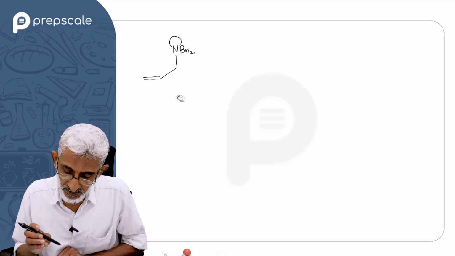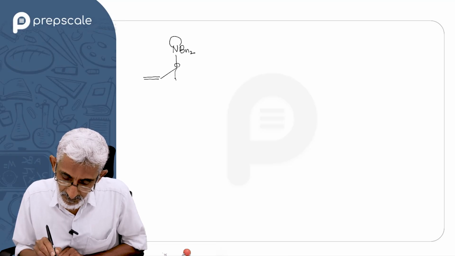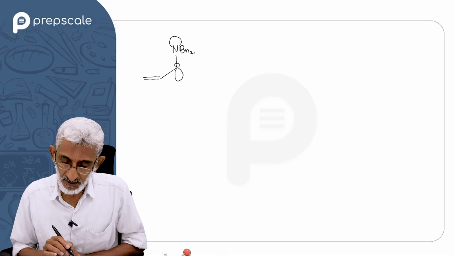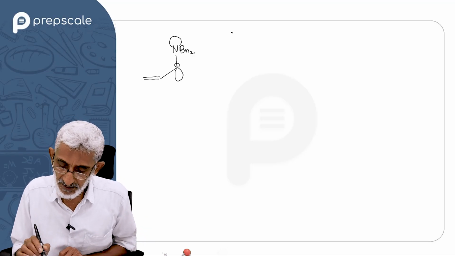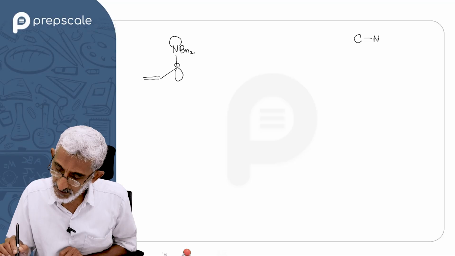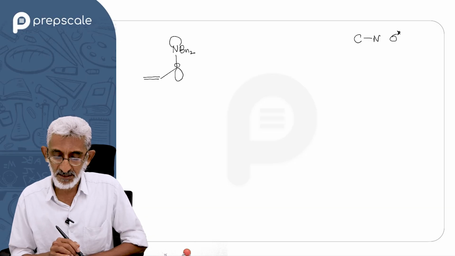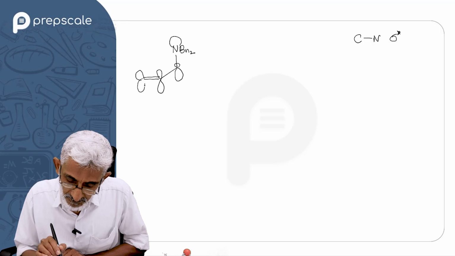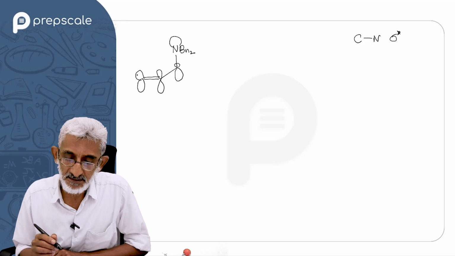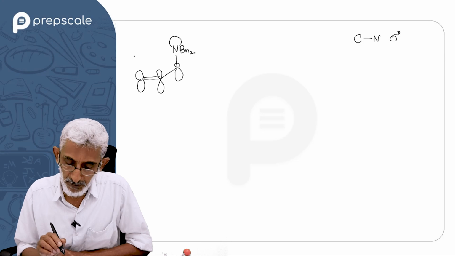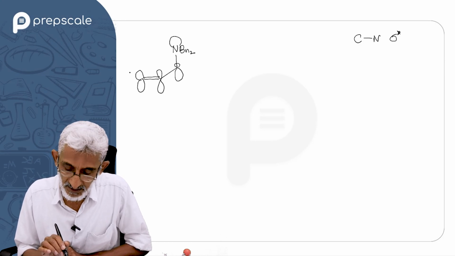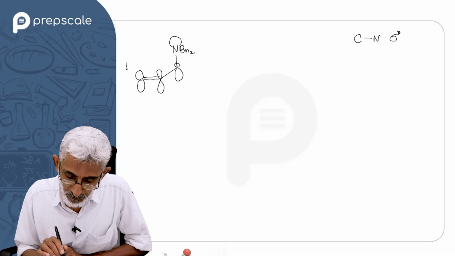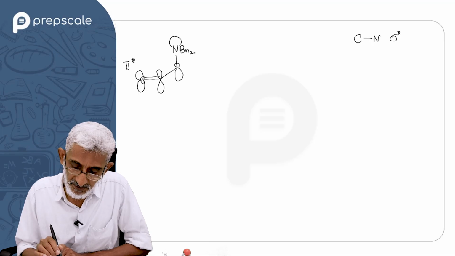So this is the C-N sigma star orbital, and this is the pi star orbital of the carbonyl group. This is oxygen.